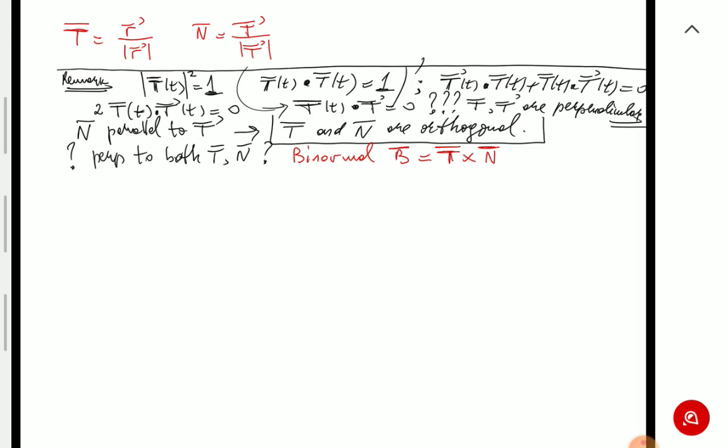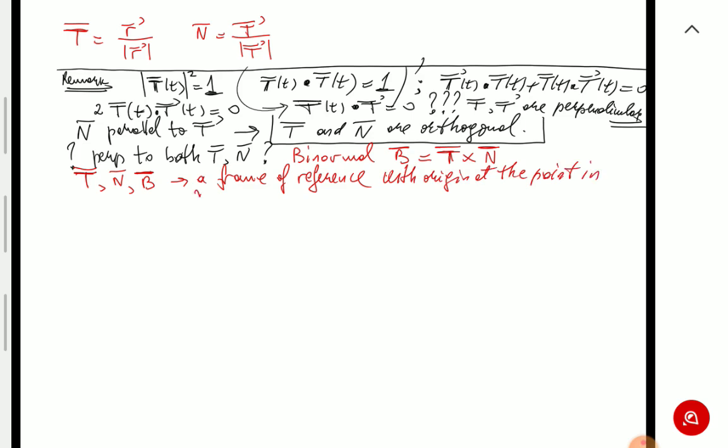So together, T, N, B form a frame of reference with the origin at the point in motion, and basically encapsulates the information related to the direction of motion.